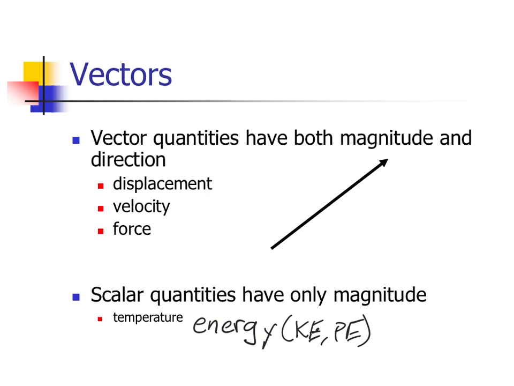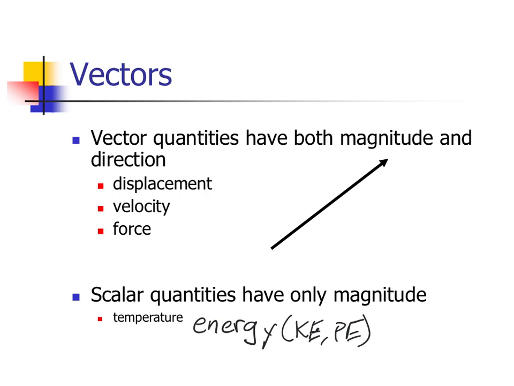Scalar quantities are like filling of a bucket. You just know you got the bucket filled. Whereas vector quantities are going to have a little bit more direction, telling us not just how much, but in what direction.